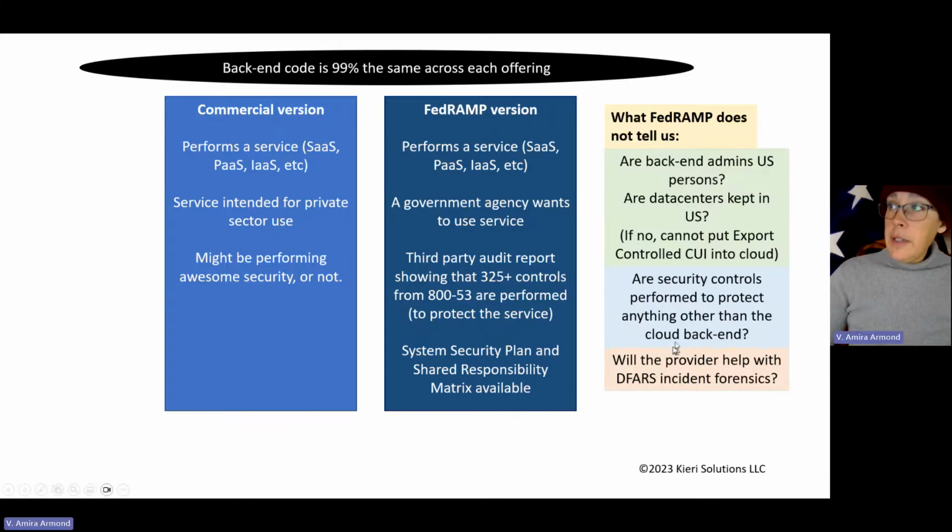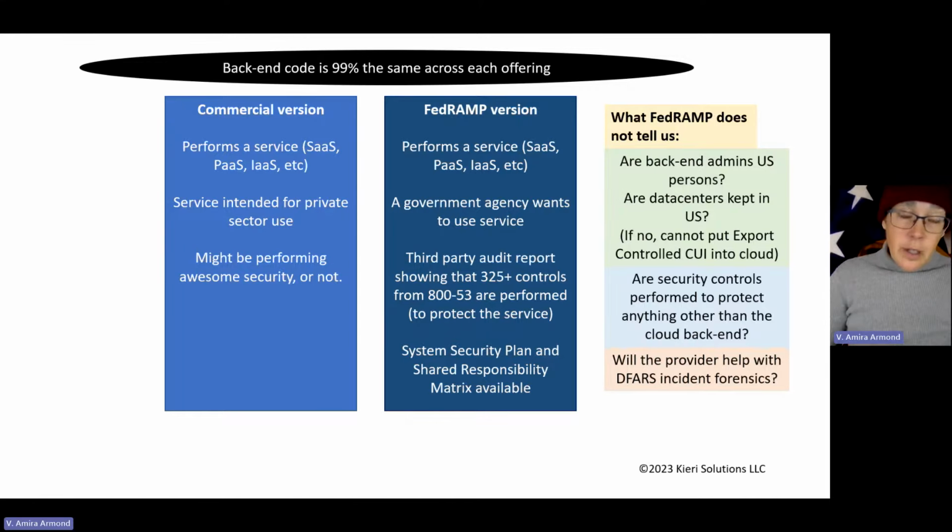And then the last thing that FedRAMP does not tell us is whether the provider will help with incident forensics as required by that DFARS clause that we talked about at the very beginning, right? So all the DoD defense contractors have a clause in their contracts that says not only do you have to use a FedRAMP cloud for CUI, but you also have to flow down this contract to your providers.